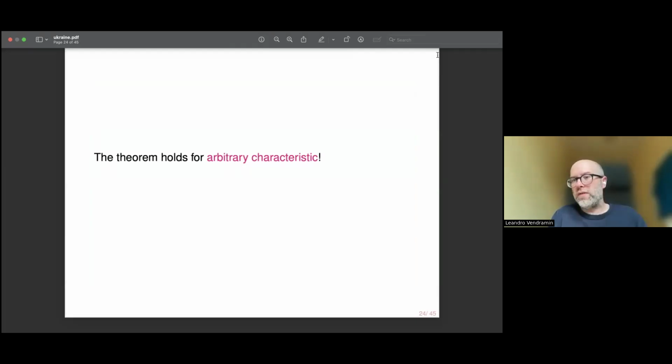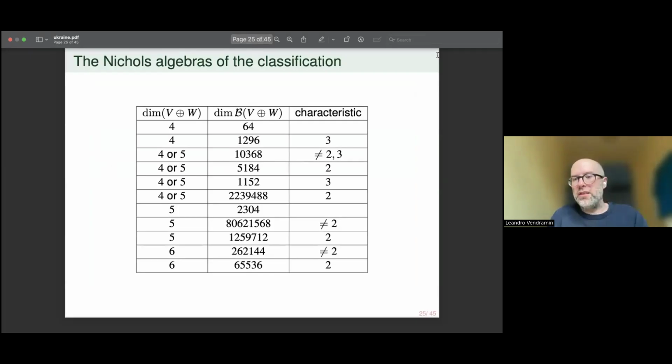It's not that it only works for characteristic 0. It's just that you have more examples, right? This is the full list. So again, the dimension of V plus W can be 4, 5, or 6, but there are more possible Nichols algebras that you will find. There are some, for example, that you will find only in characteristic 2 or only in characteristic 3. Okay. Very good. This is the solution of the decomposable case in the case of having 2 summands.